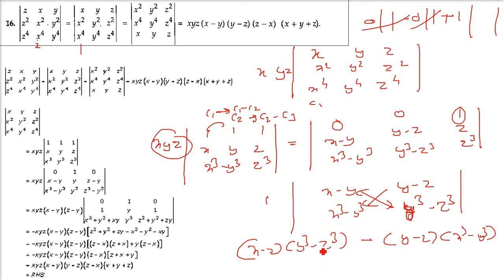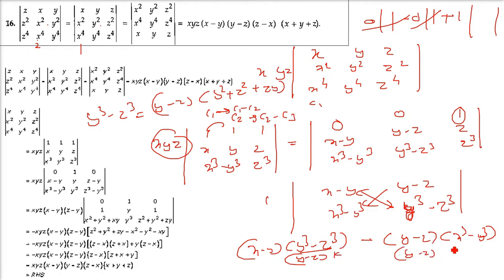So y cube minus z cube, we know the formula: a cube minus b cube is a minus b, a square plus b square plus ab. So y cube minus z cube can be written as y minus z, y square plus z square plus yz. So we are taking y minus z, and then you get y square plus z square plus, let us call it k, yz.